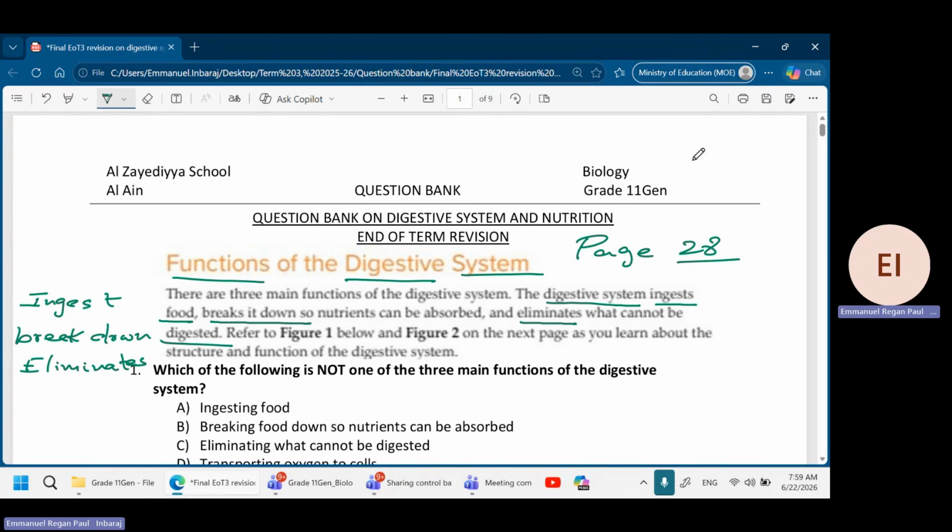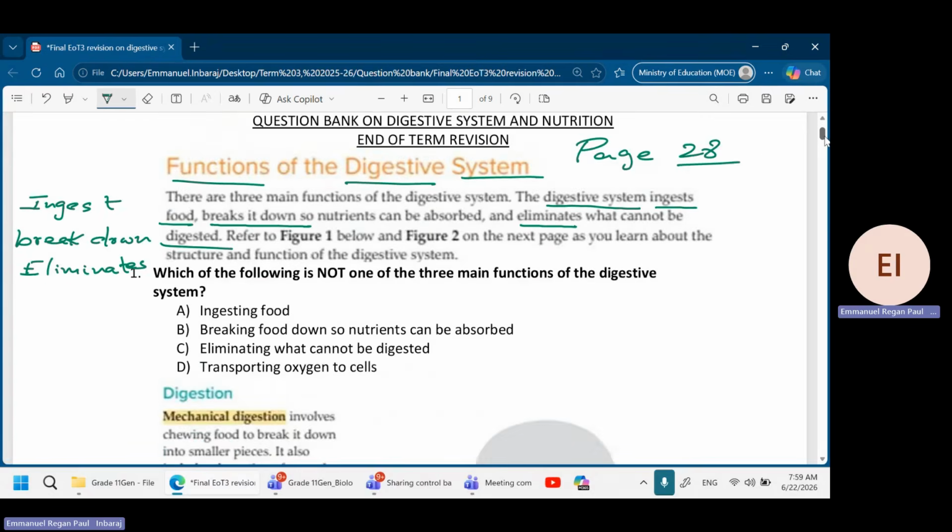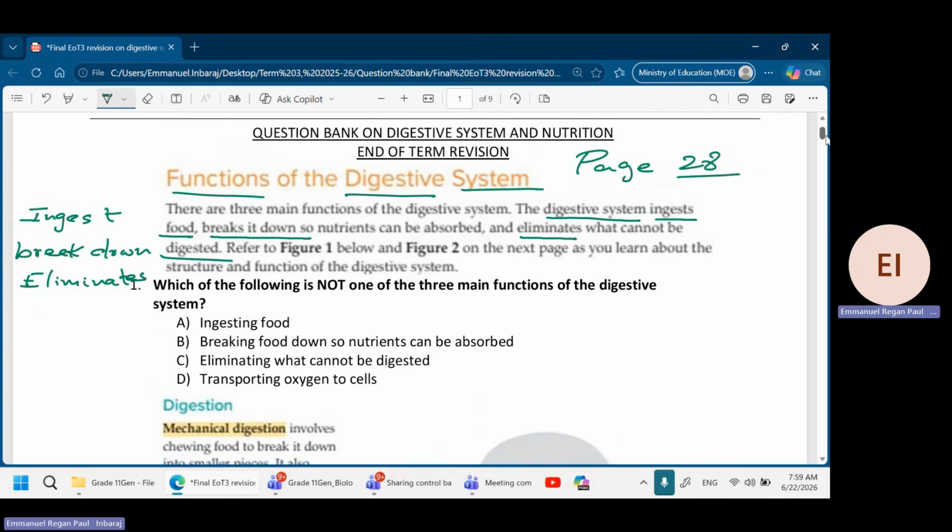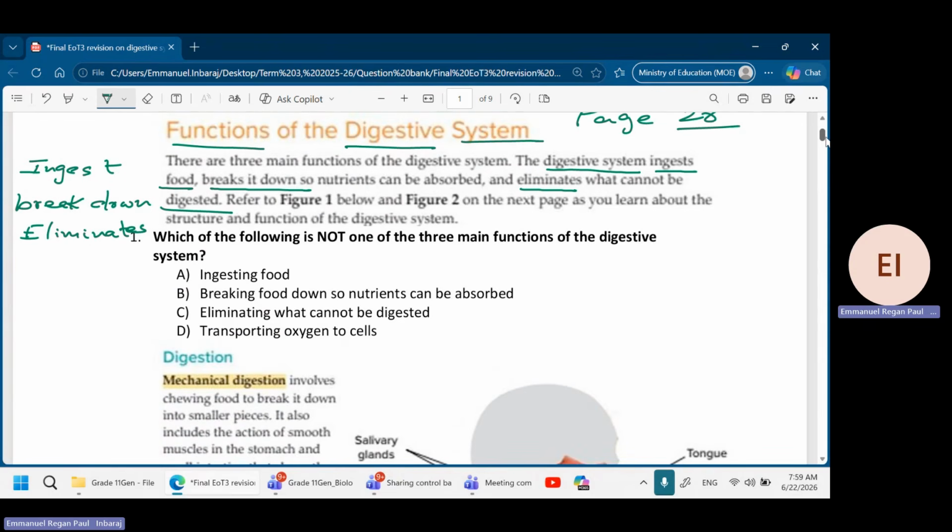What question can you expect from this? I'm telling you, you will not get the same question, but you may get questions similar to it. I want you to study this. There's a question here: which of the following is not one of the three main functions of the digestive system? Ingesting food is a function, breaking down is a function, eliminating is a function.